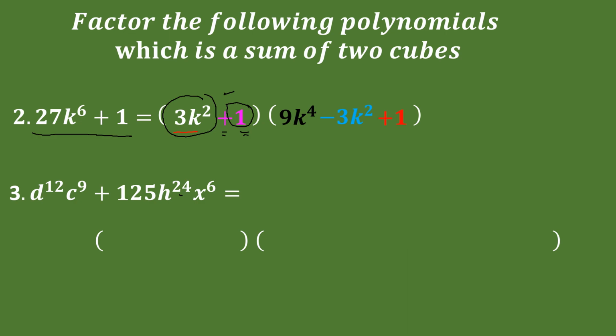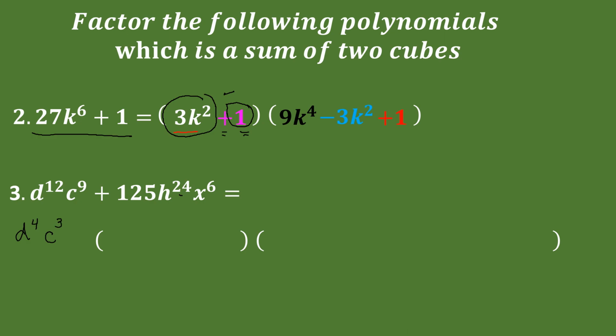We need to get the cube root of the first. So we simply divide the exponents by 3: 12 divided by 3 becomes 4, and c to the 9 divided by 3 gives us 3.